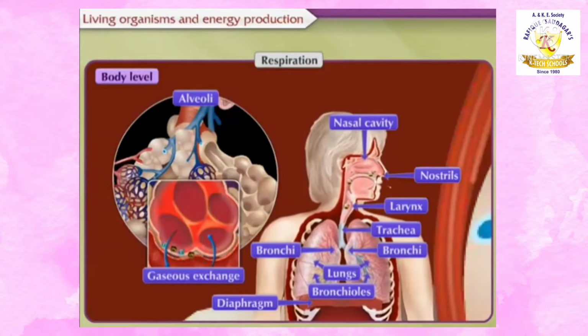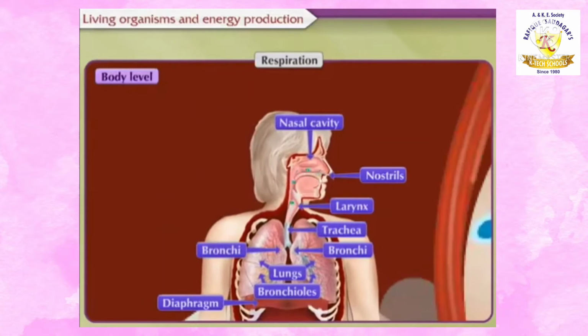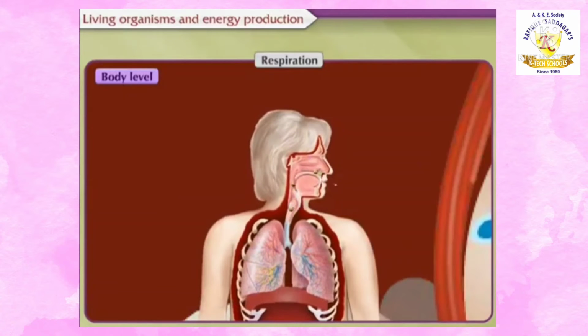Oxygen present in the air is taken up by the blood present in the alveolar blood vessels, and carbon dioxide is released in the alveoli, which is thrown out from the body when we exhale air.